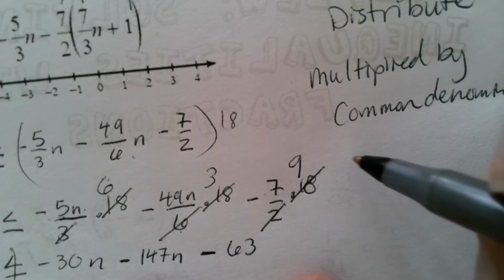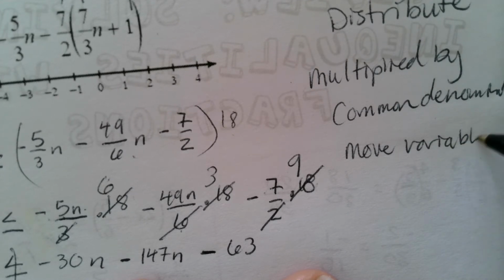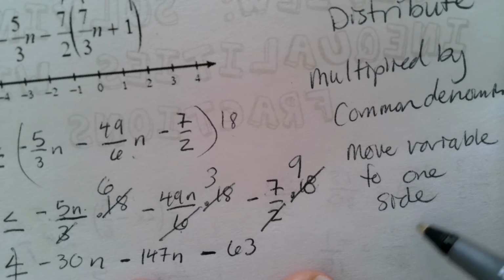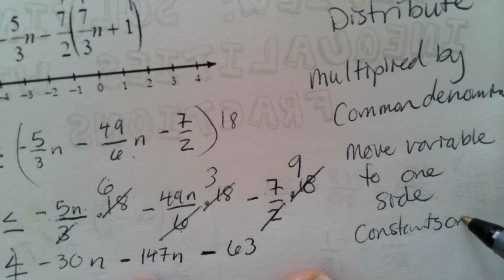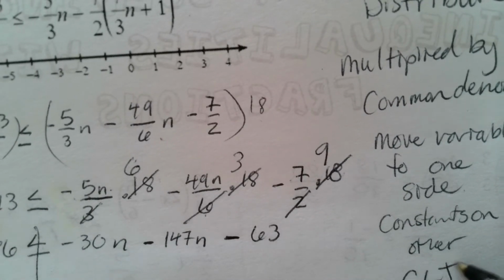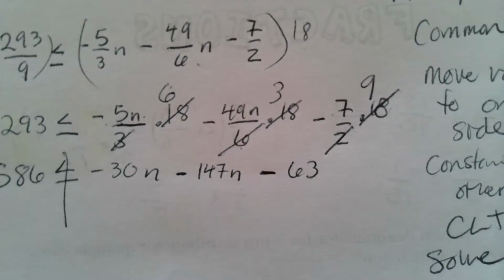And now we're going to move variables to one side, constants to the other. We're going to combine like terms, and then we're going to just solve. Let me zoom out because that's too many steps for you to be able to see at the same time.